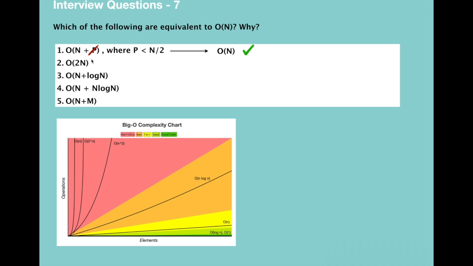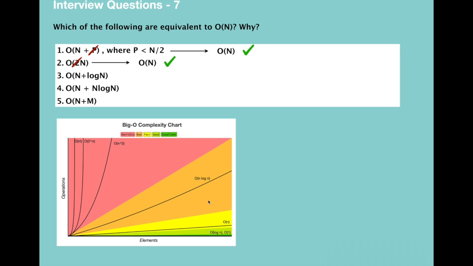The second one is quite easy, because here we just need to drop the constant. The constant is 2. If we drop it, this becomes O(n), which is the answer that we are looking for. Now the third one. Here, our Big O complexity chart might be useful, because we need to identify which one is the dominant term, O(n) or O(log n).